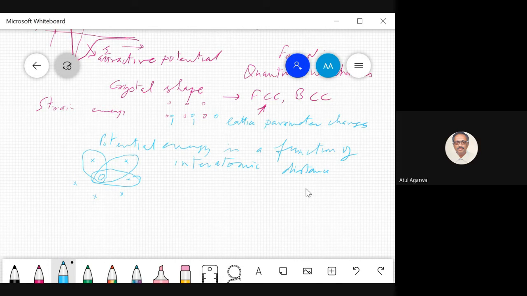So we had talked about potential energy. I was talking about cohesive energy. What is the cohesive energy of a crystal?